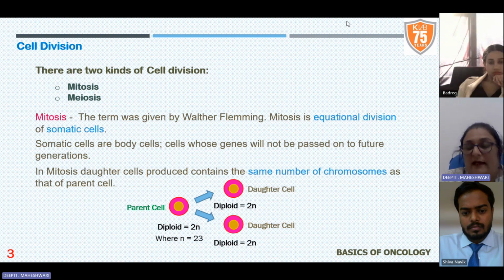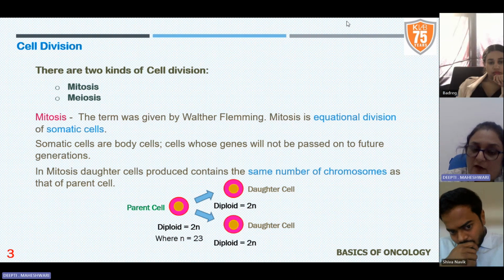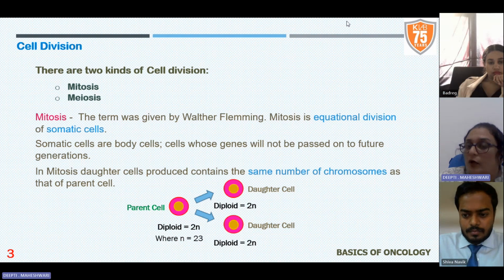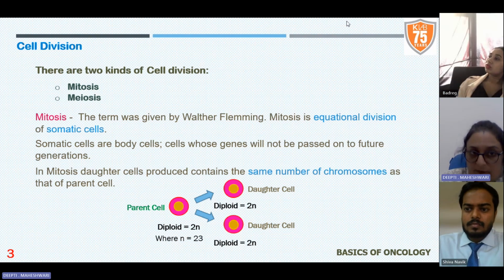So they are exactly identical and true replicas of the parent cell. The parent cell is also diploid. Diploid means it has two sets of chromosomes, and n is equal to 23, that means 23 pairs of chromosomes, and even the daughter cells are diploid, right?